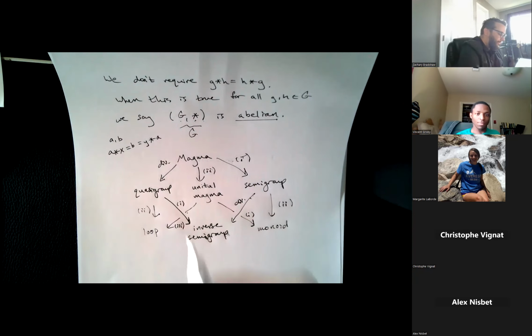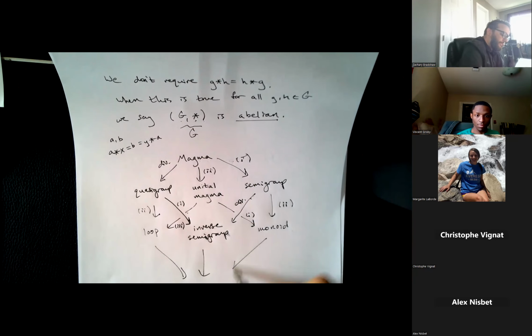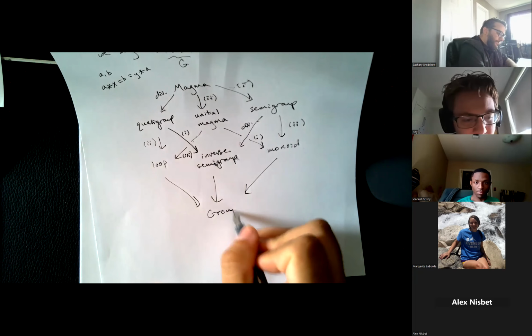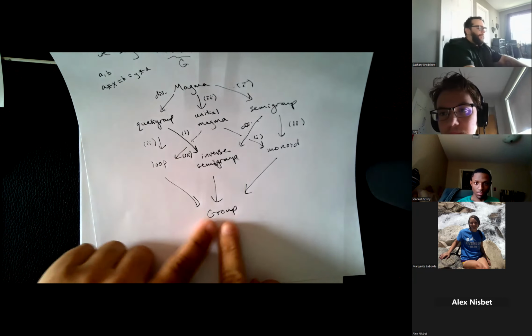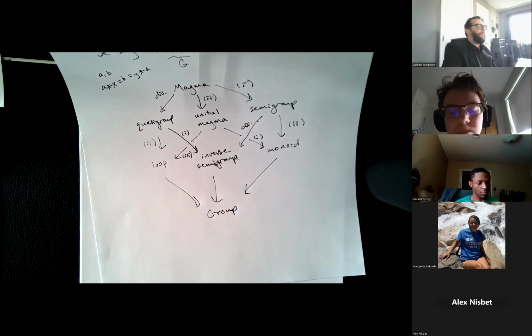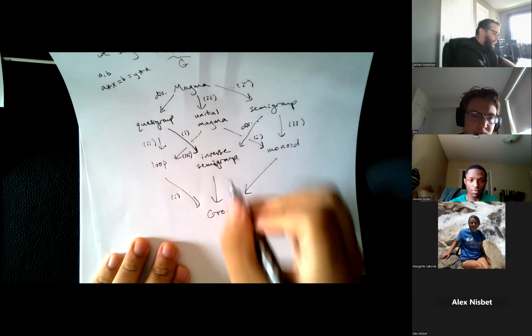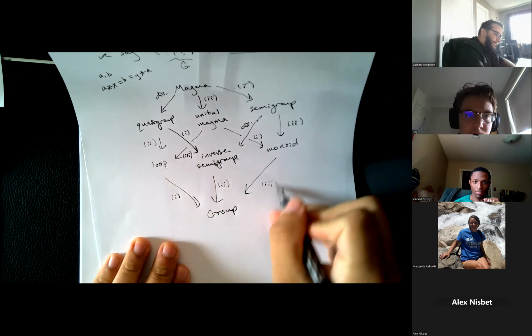Give it inverses, you get a loop from unital magma, and then from here, everything goes to a group. What about rings? Rings are groups with extra structure, so you would continue down this way. There's a third map in that case. But this is associativity, this is identity, and this is invertibility.